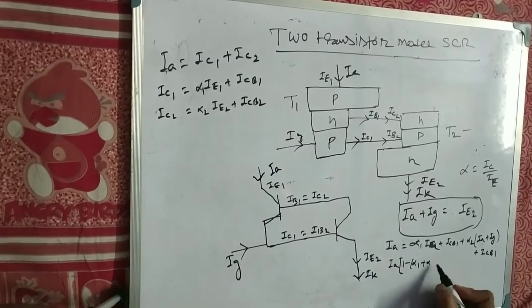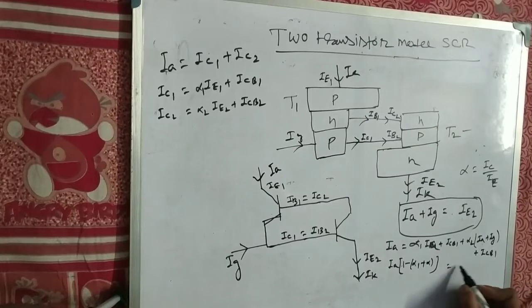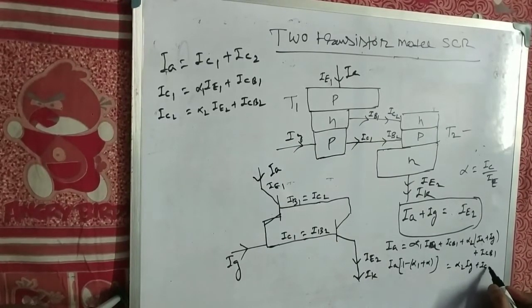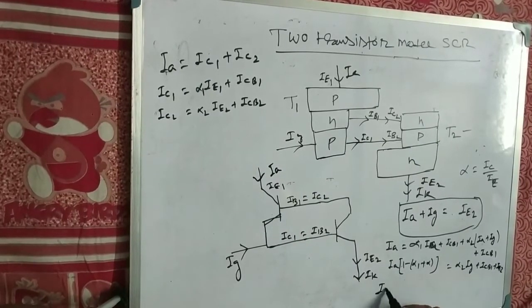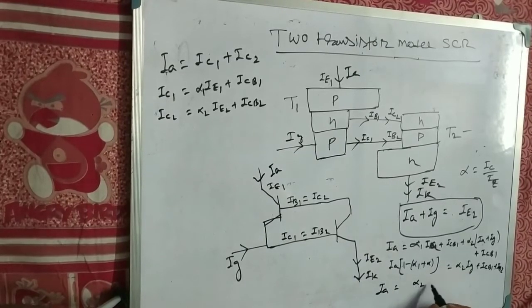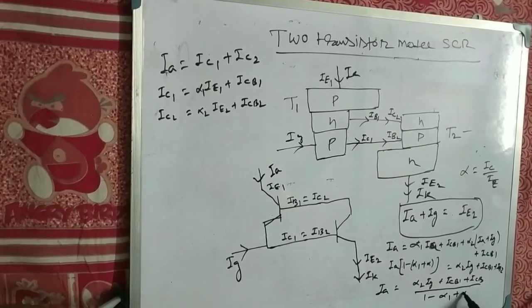From here we can write, and this is alpha 2 IG plus some leakage current ICB1 plus ICB2. So IA equal to alpha 2 IG plus ICB1 plus ICB2 by 1 minus alpha 1 plus alpha 2.